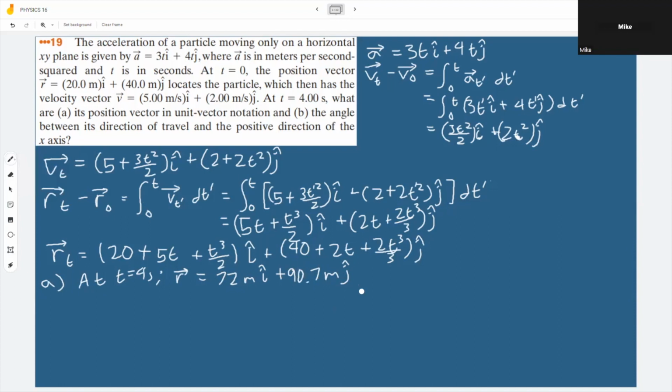Tapos 40 plus 2 times 4 plus 2 times 4 cubed divided by 3. So 90.7.